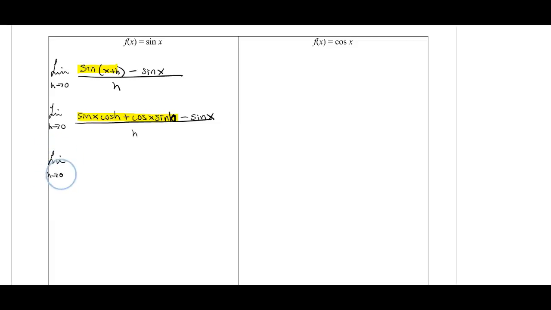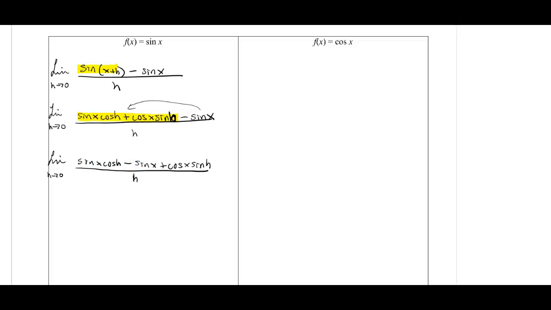We're going to factor out sine, so we're going to rearrange this. The limit as h approaches 0 of sine x cosine h. That's all one term. I can't move it around. But I'm going to move this sine over here, minus sine x plus cosine x sine h. A little commutative property of addition here, all over h.